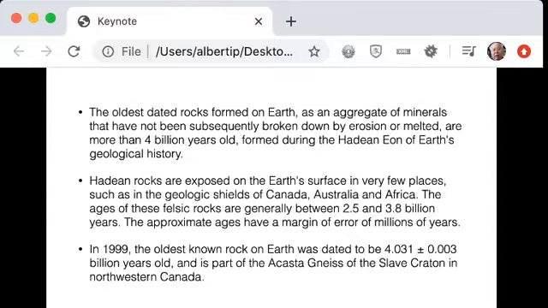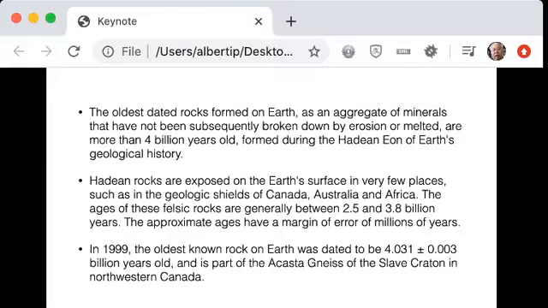The way to distinguish them, I don't know. I'm not a geologist, but somehow the scientists are able to figure out whether a rock picked up on Earth's surface is original to Earth or has come from outer space.